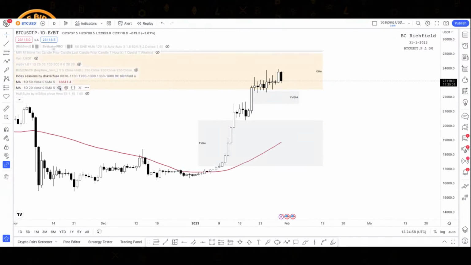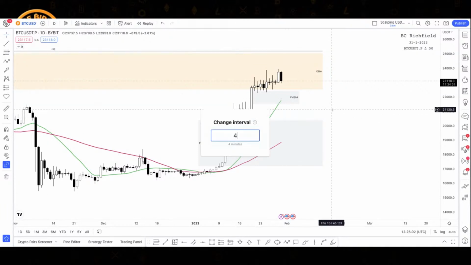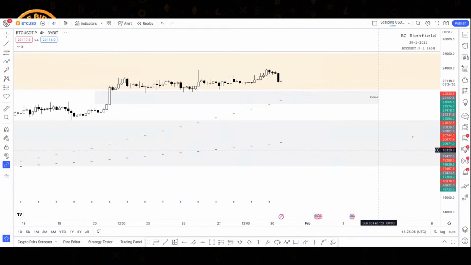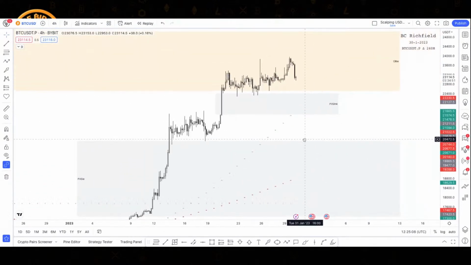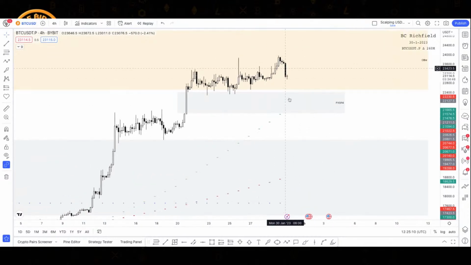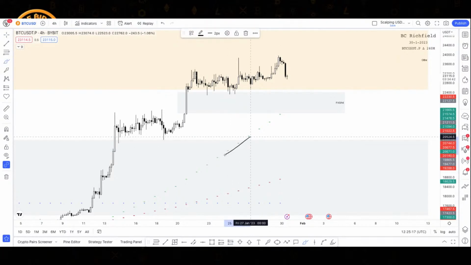Well, if we put our daily on here and here, and now we're going to drop down to our next time frame, which is our 4-hour. What I quite like about this here is if we did see a correction down here, if we were to extrapolate this line, we can see that's on this kind of trajectory.